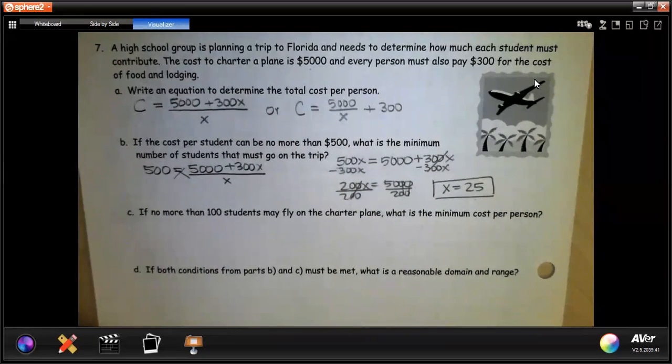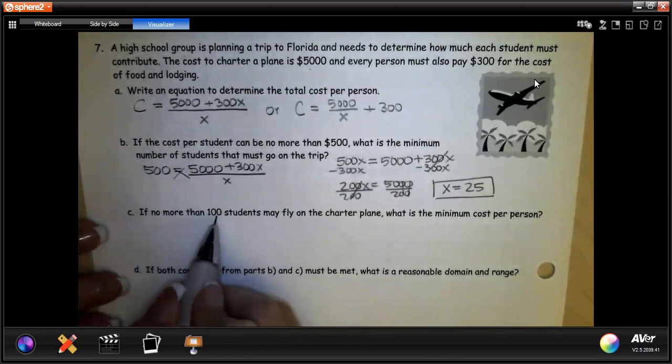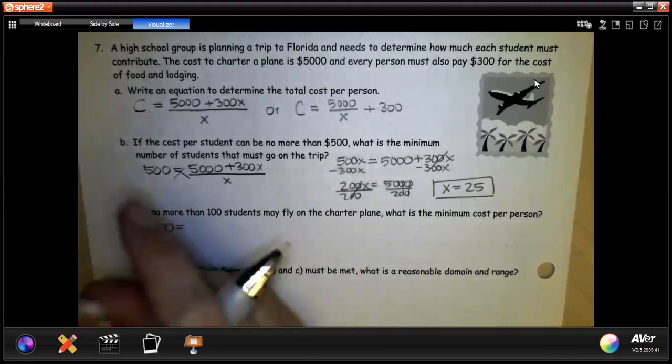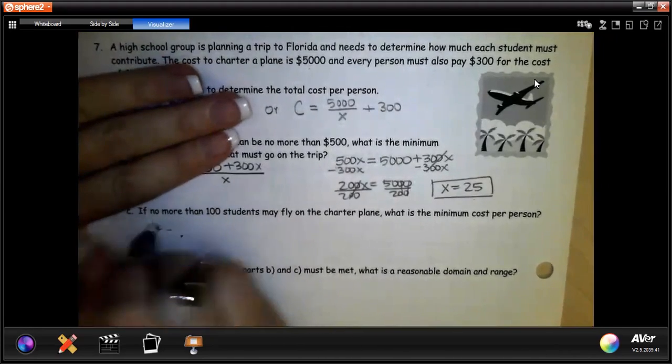It says if no more than 100 students may fly on the charter plane, what is the minimum cost per person? So we said the more students that go, the less they're going to pay individually. So then in order for it to be the least amount, we would have to put all 100 kids. Oh, sorry, and I just plugged that in for the cost.